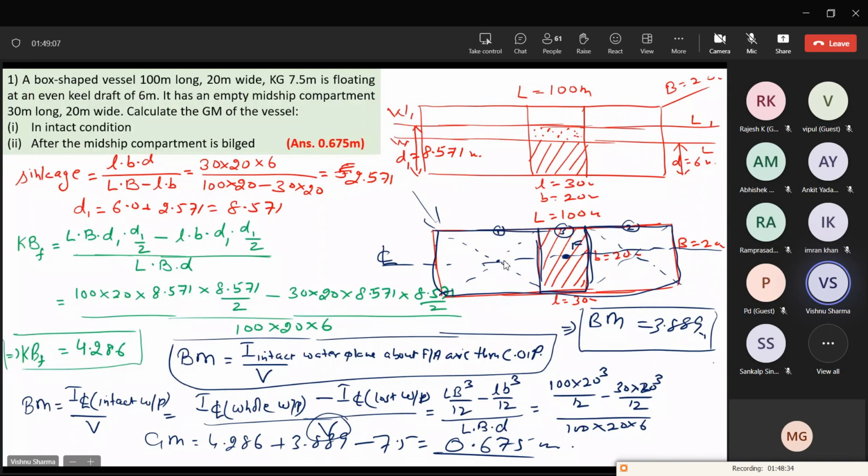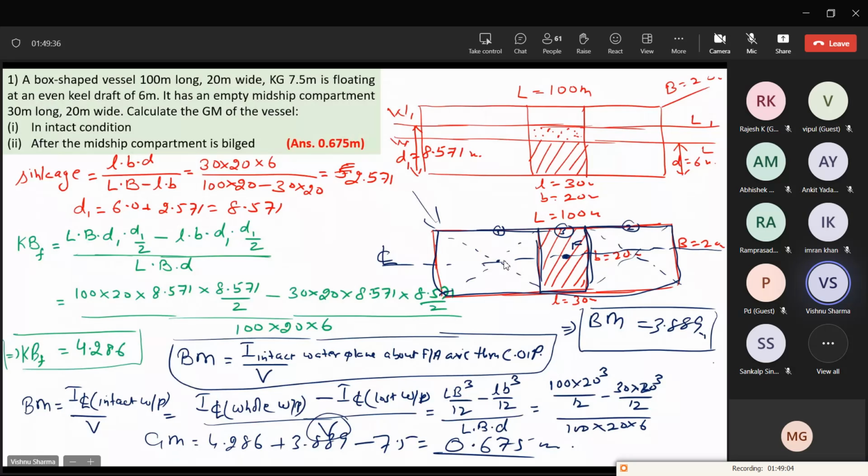Okay, so that is the prerequisite. If the water plane area in the bilged condition is identical, wherever it is intact, wherever it is bilged, lost, whatever it is, exactly identical from keel to the final water line, in that case your KB will be D1 by 2, because the volume is made of water plane areas.